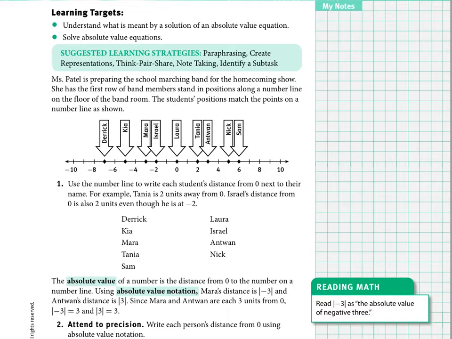For example, Tanya is 2 units away from 0. She's on 2, so that makes her 2 units away from 0. But Israel, who's on -2, is also 2 units from 0. So go ahead and fill in the distances from 0 for each person.